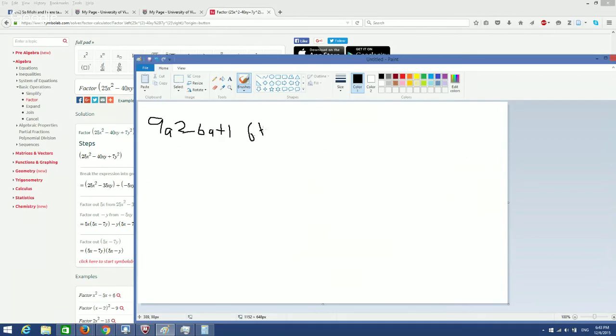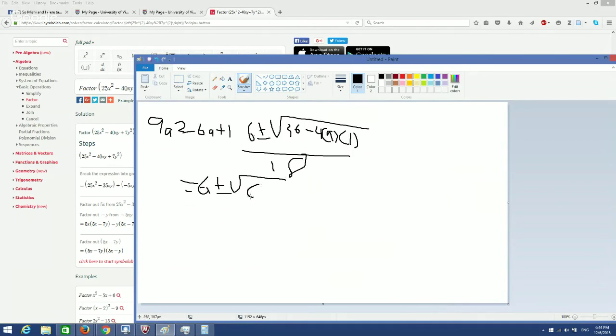6 minus square root of 36 minus 4 times 9 times 1, all over 18. Now that's going to be equals 6 plus or minus square root of 0, because 36 minus 36 is 0.